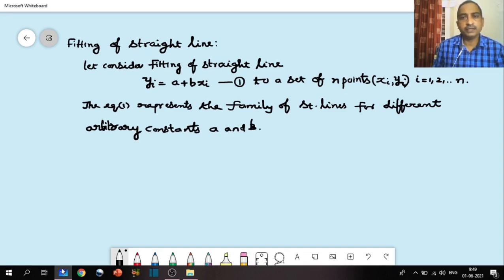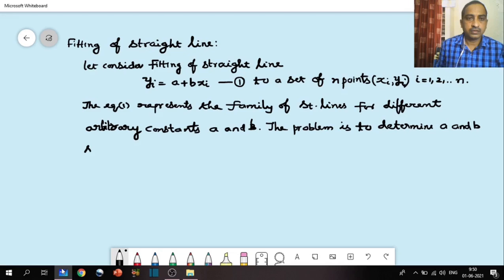So here the problem is to determine a and b so that the equation 1 is the line of best fit.